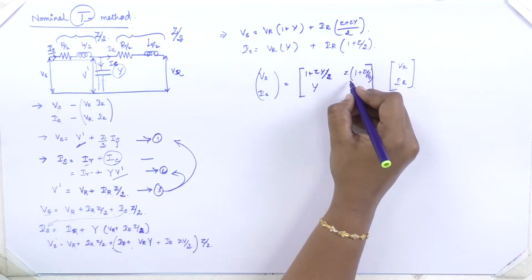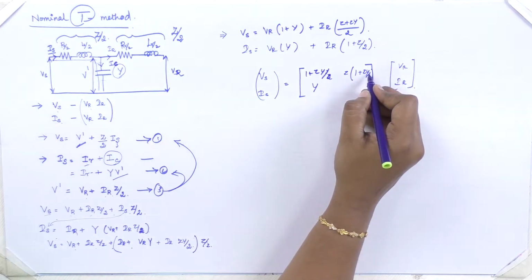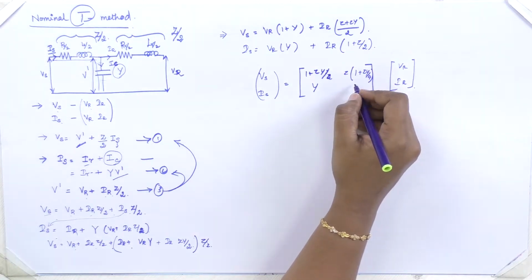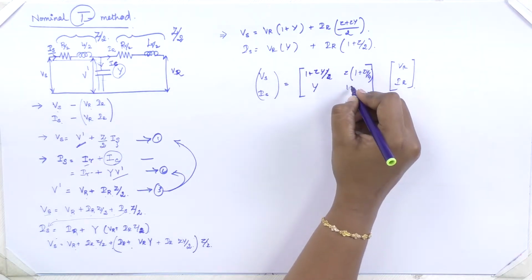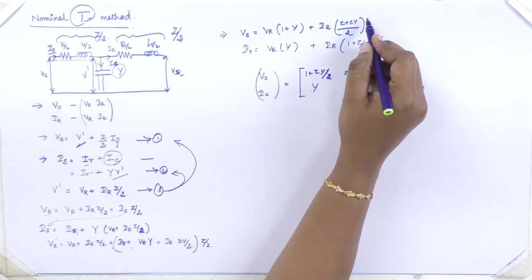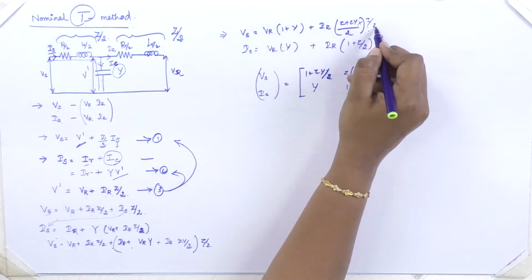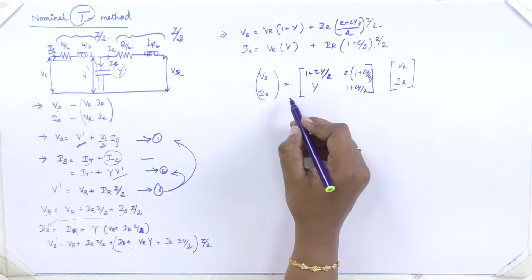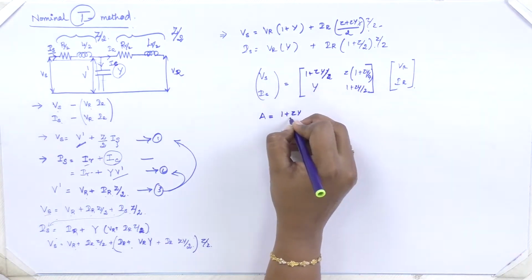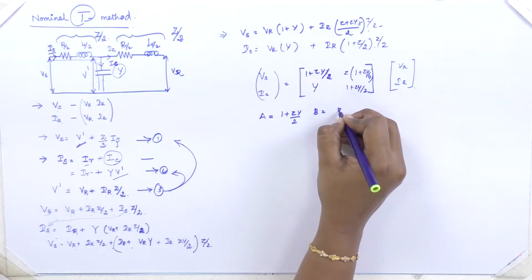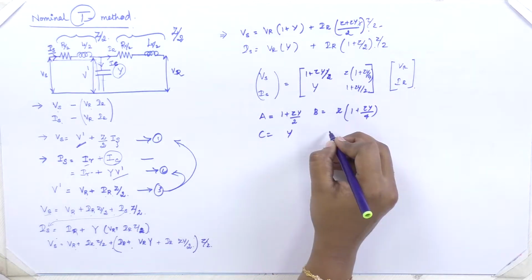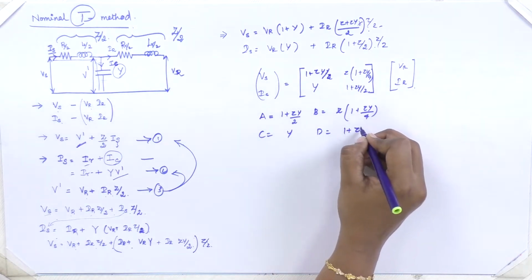Taking Z as common in these two terms, that will be Z into Z plus ZY by 2, and taking Z as common, here it will be 1 plus ZY by 2, multiplied by Z by 2. So with simplifying this, we will get the ABCD parameters as this. So A is equal to 1 plus ZY by 2, and B is equal to Z into 1 plus ZY by 4, and C is equal to Y, and D is equal to 1 plus ZY by 2.